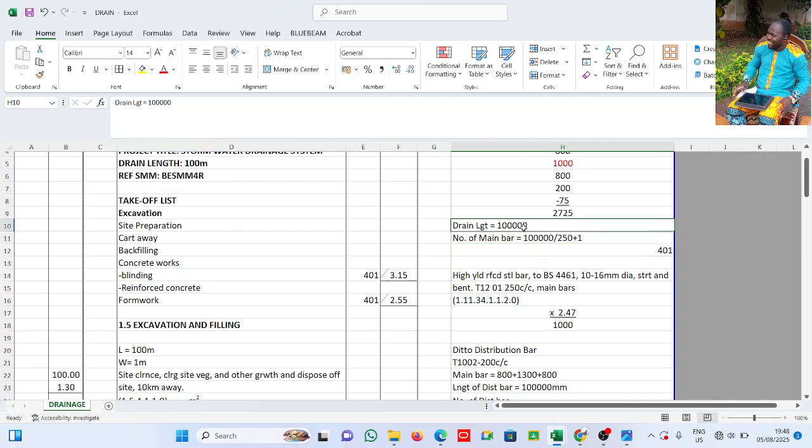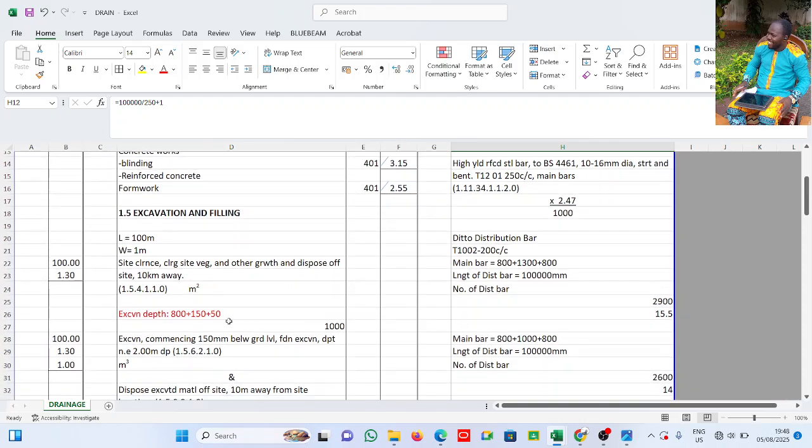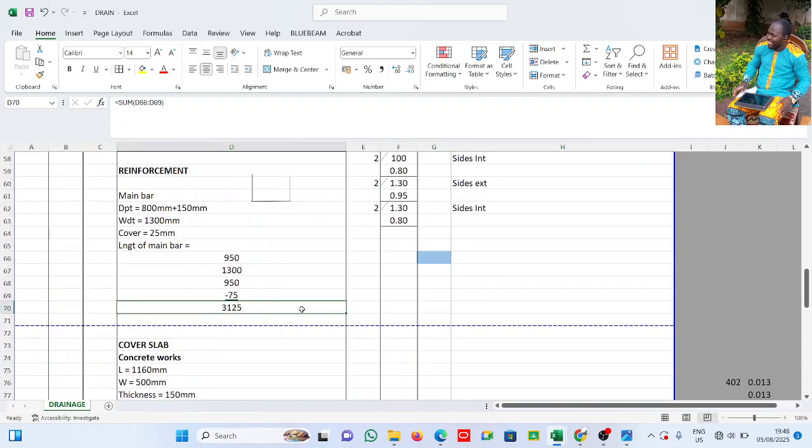Drain length is 100,000 in millimeter. Now the number of main bars will be 100,000 divided by 250, which is the spacing, like we saw in the drawing. Of course, we add 1. That gives me 401.